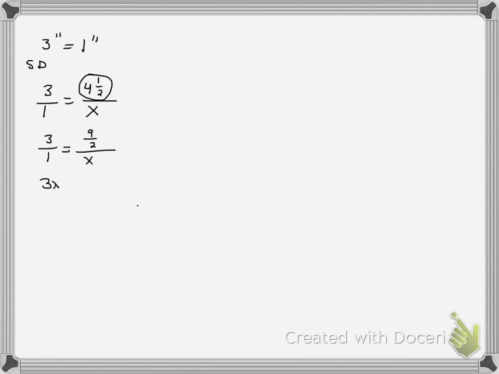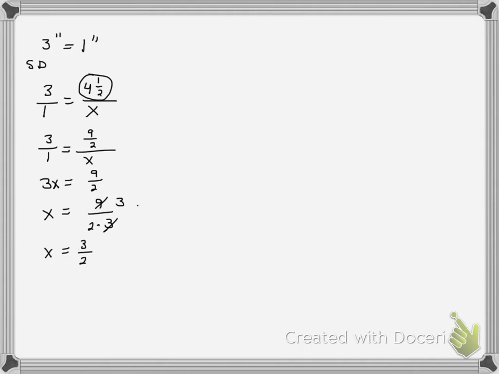Cross multiply, you get 3x equals 9/2. Divide by 3, which means put the 3 in the denominator. I could multiply it through, or I don't have to, because in this case I would just go ahead and cancel that, and I get 3/2.